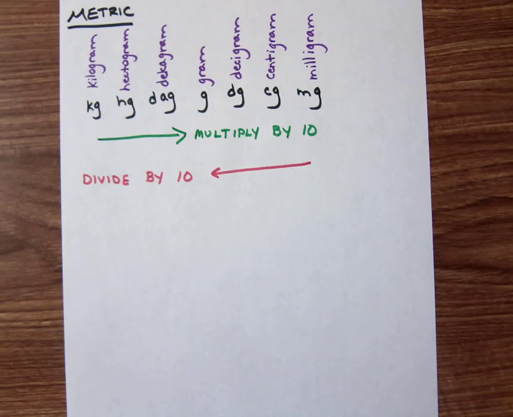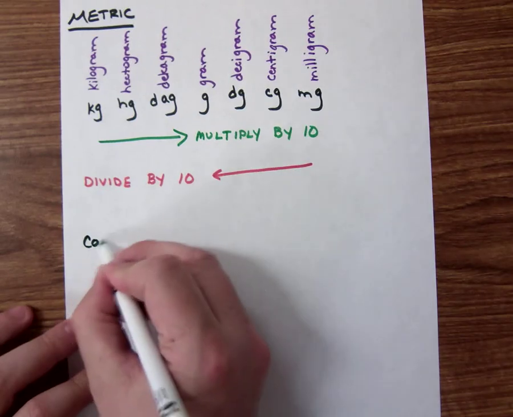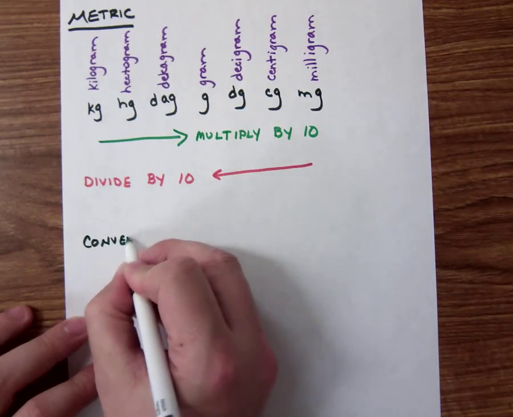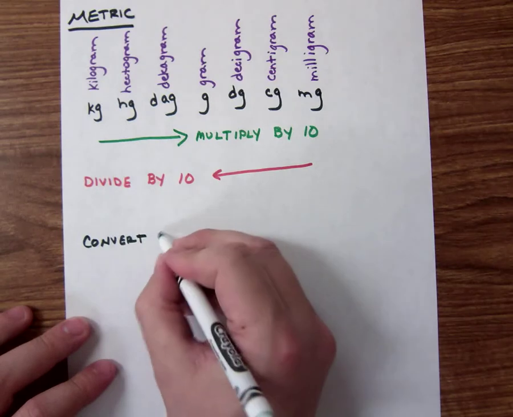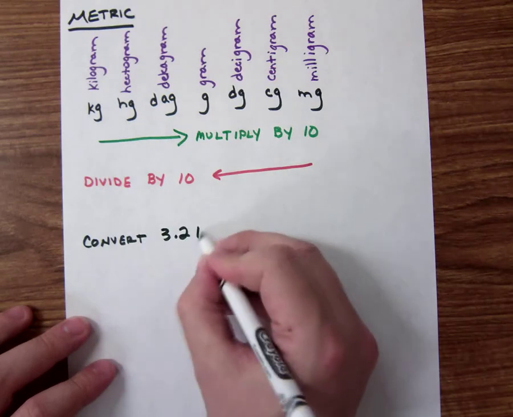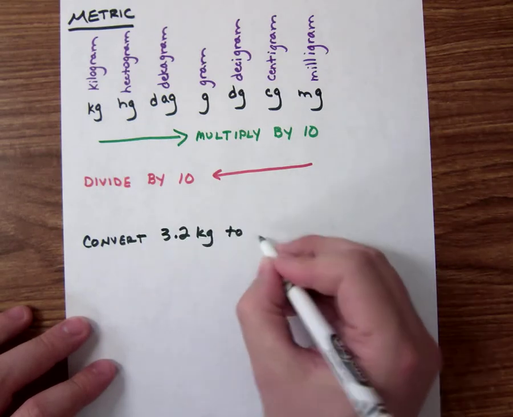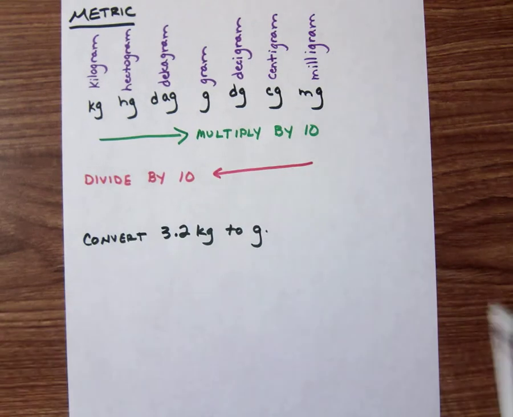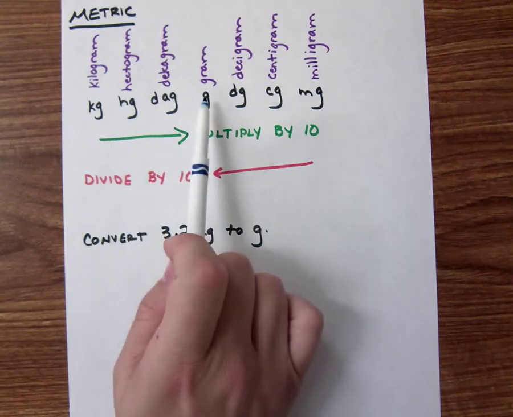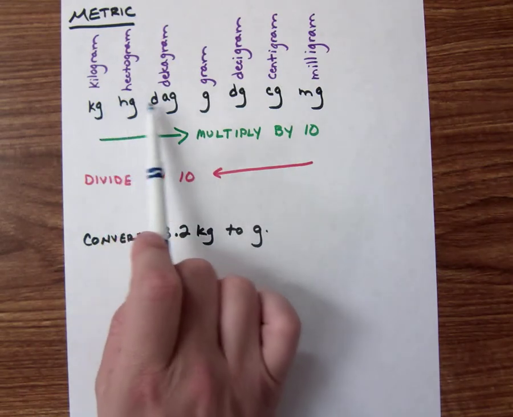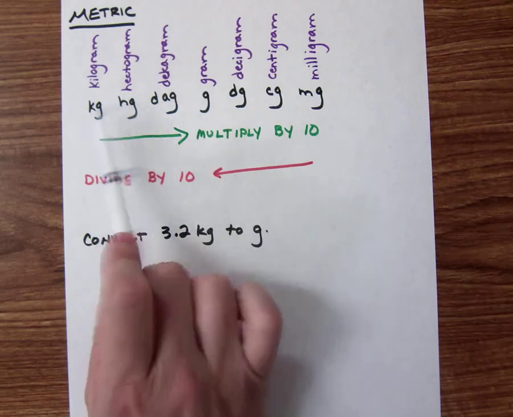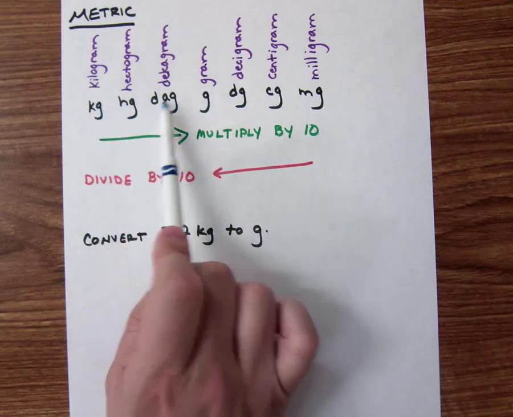So if I were to ask you to convert 3.2 kilograms to grams. To convert from kilograms to grams, I'm moving to the right, this direction, 3 times. 1, 2, 3.